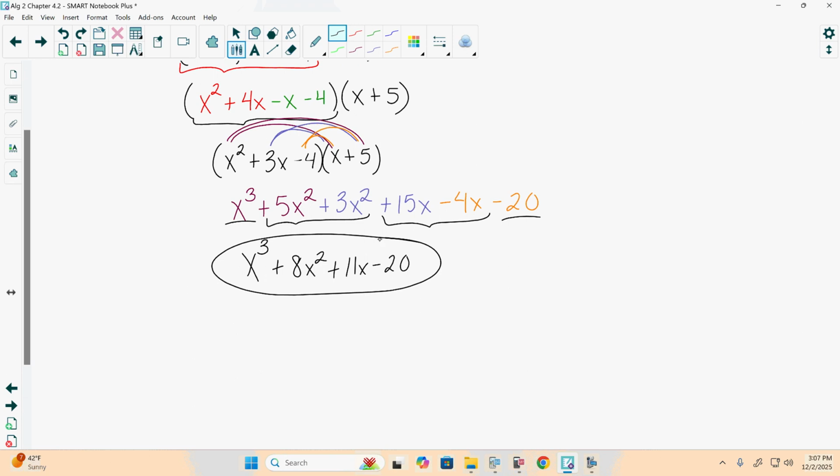And negative 20, our constant term, doesn't have any like terms, so we're just left with negative 20. So x cubed plus 8x squared plus 11x minus 20. Questions on this here? Do you feel comfortable with multiplying? All right.